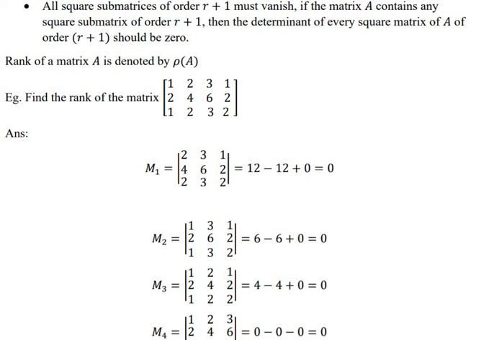By applying the formula for finding the determinant, you get it as 0. Similarly, on taking the minors of the other submatrices of order 3, we get all those minors as 0.